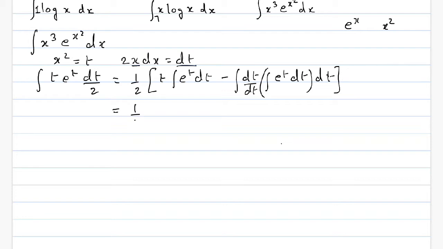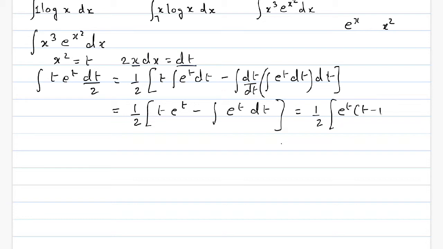So we'll get half t e raised to t minus integration of e raised to t dt. So that is clearly e raised to t minus 1. Now we'll substitute our t. t is nothing but x square. So we'll get half of e raised to x square, x square minus 1. So this is how we can solve these terms.